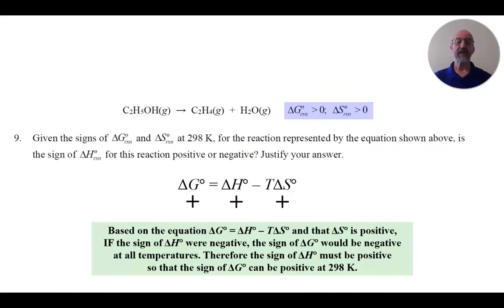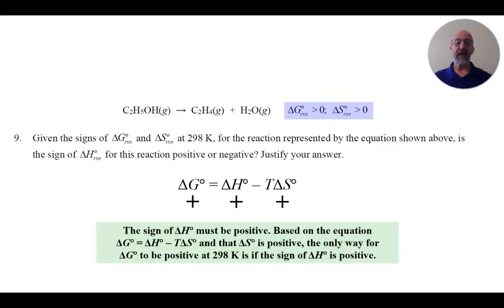So therefore, the sign of delta H must be positive so that the sign of delta G can be positive at 298 Kelvin. So with either answer, the only way for delta G to be positive at 298 Kelvin is if the sign of delta H is positive.